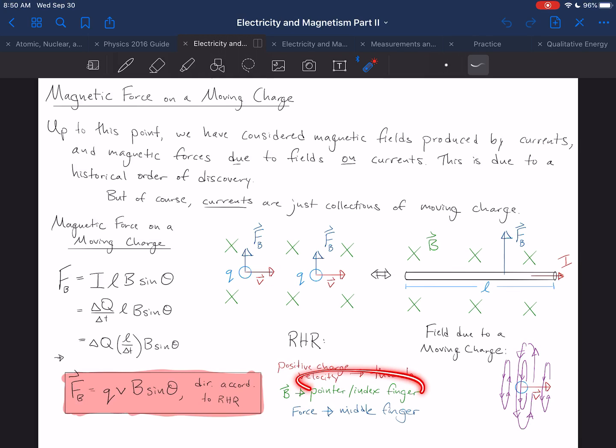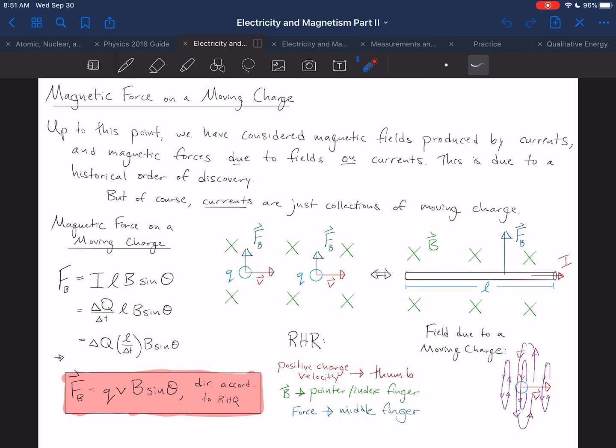The pointer and index finger point, as always, in the direction of the external magnetic field, and the force that is produced is perpendicular to both of those things, according to the right-hand rule, in the direction of your middle finger. We'll see a little bit of practice with this in the next video.